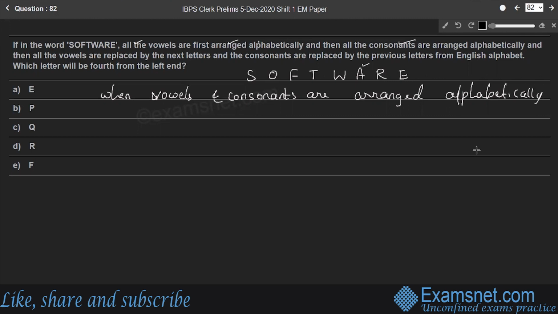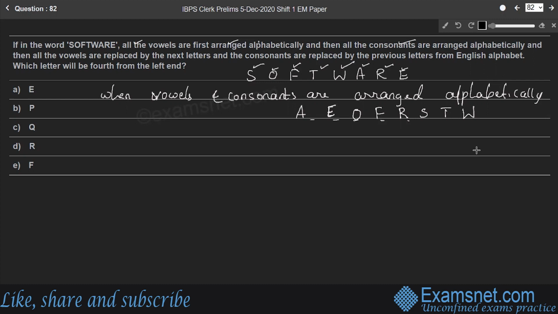A, then followed by E, then O. So it becomes A, E, O. Then all the consonants alphabetically. Here F comes first. After that R, then S, then T, then W. So the new arrangement will be A, E, O, F, R, S, T, W.